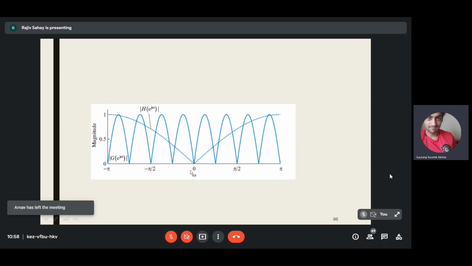So if you see, it is introducing spectrum replications. These are identical spectra which are getting repeated inside this frequency range, minus pi to plus pi.